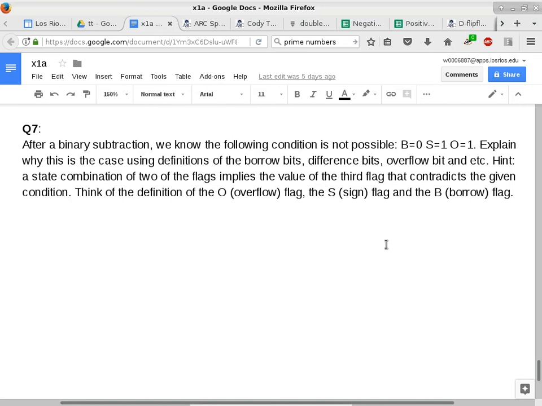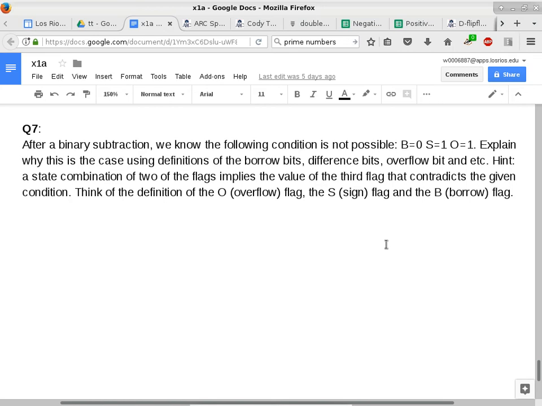Explain why this is the case, why it is not possible, using definitions of the borrow, difference, overflow, and etc. In other words, I'm reminding you to go back to the definitions because the definitions will help you answer this question. And then I say hint: a state combination of 2 of the flags.